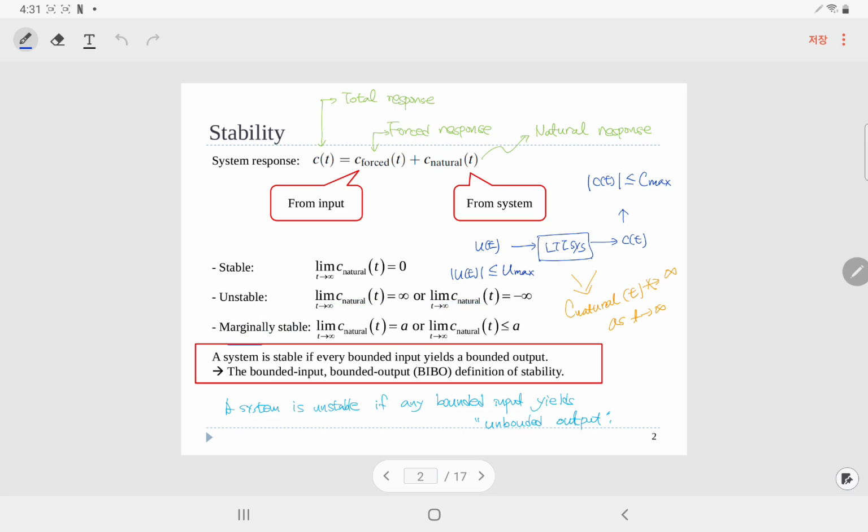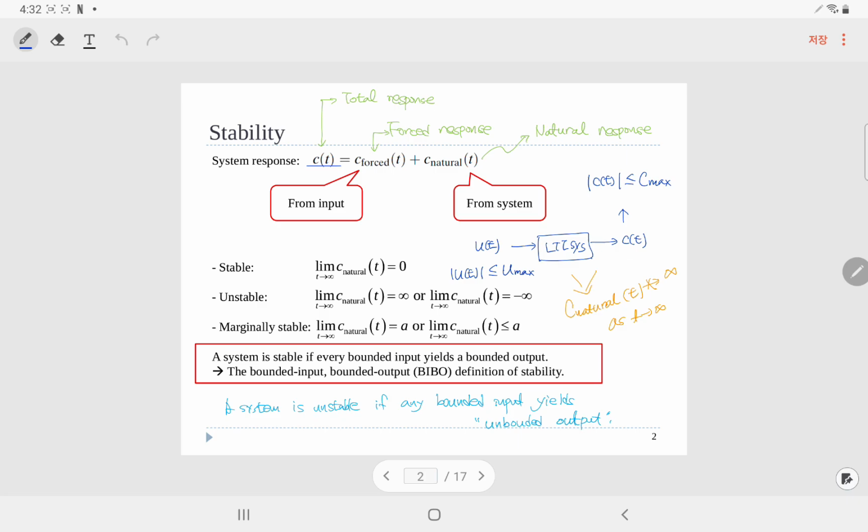자, 근데 마지널리 스테이블 시스템 해석 때도 아마 얘기는 들어봤을 건데, 이 마지널리 스테이블 케이스에서는 토탈 리스판스가 어떻게 되느냐라는 것을 좀 생각해 봐야 돼요. 마지널리 케이스에서 첫 번째는 시간이 흘렀는데 내추럴 리스판스가 어떤 특정한 값에 가서 수렴한다는 얘기예요. 내추럴 리스판스가 0으로 가버리면 스테이블한 케이스였는데, 0으로 가지 않고 무한대로도 가지 않고 특정한 값에 가서 수렴한다. 시간이 많이 흐르고 나면 값이 변화하다가 A라는 값을 유지한다는 얘기입니다. 그 케이스 먼저 보죠.